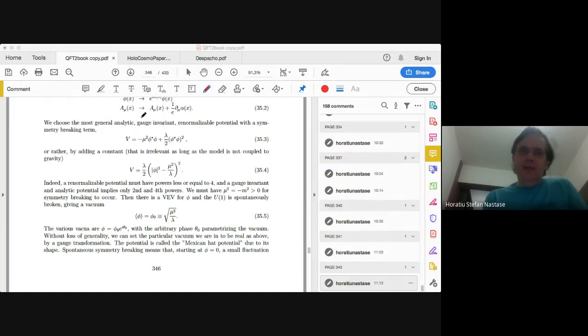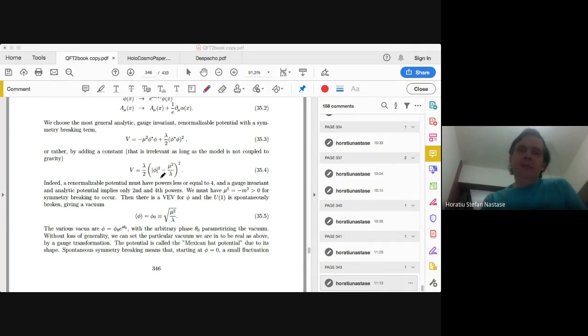Now, why do I say this is the most general analytic gauge invariant renormalizable potential? Well, we have seen that if the potential is renormalizable in 4 dimensions, it must have powers less than or equal to 4. If it's analytic, it means it has to have positive powers, and so no poles.